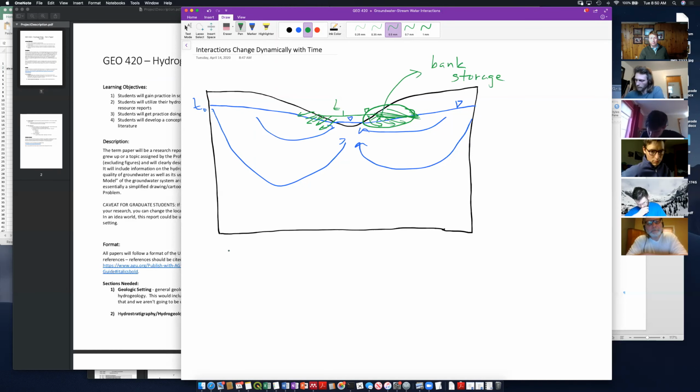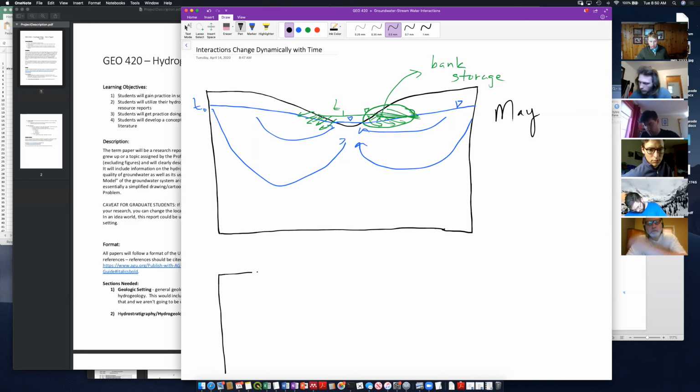We'll fill them. And then when we come back sometime later, say in July, as the water level starts to recede. So this here, we'll call this May. All right.